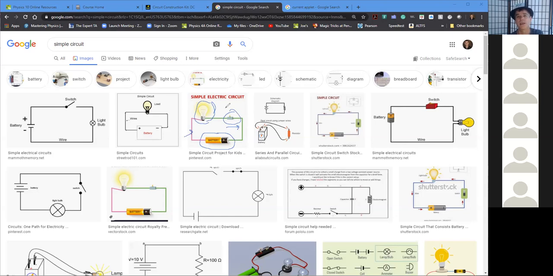If you were to take a course where you start drawing what's called circuit diagrams, a battery, you either draw with a longer line and a shorter line, or sometimes you draw it with two sets. This is how you would represent a battery if you were drawing a circuit diagram. A light bulb is usually just a circle with a little X in it, and then the switch looks just kind of like that.